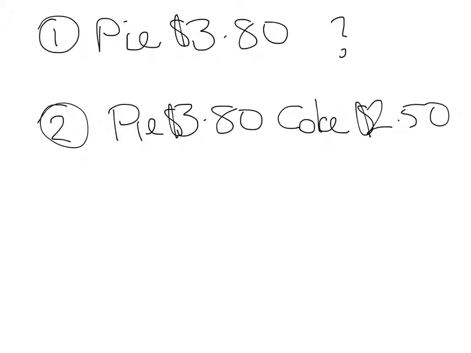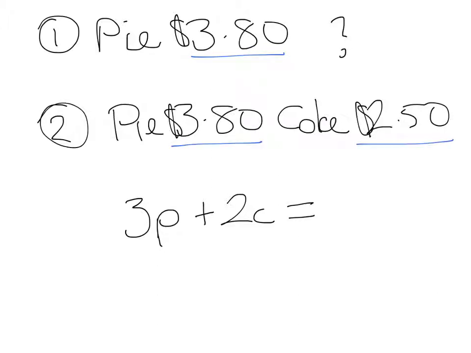Using this formula, 3P plus 2C, and using the values that I've given you, work out what x is going to be worth, or the value, or the total. Good luck.